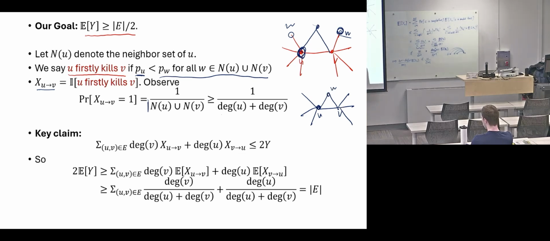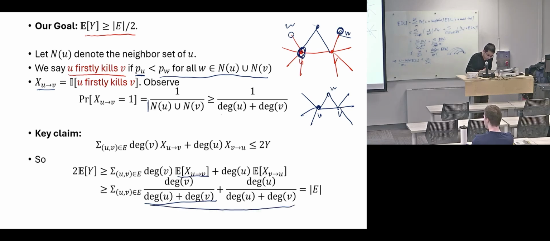The expectation of this is just the probability that this is 1. So it's at least this one. And so you just see that this thing is at least this one. Okay.